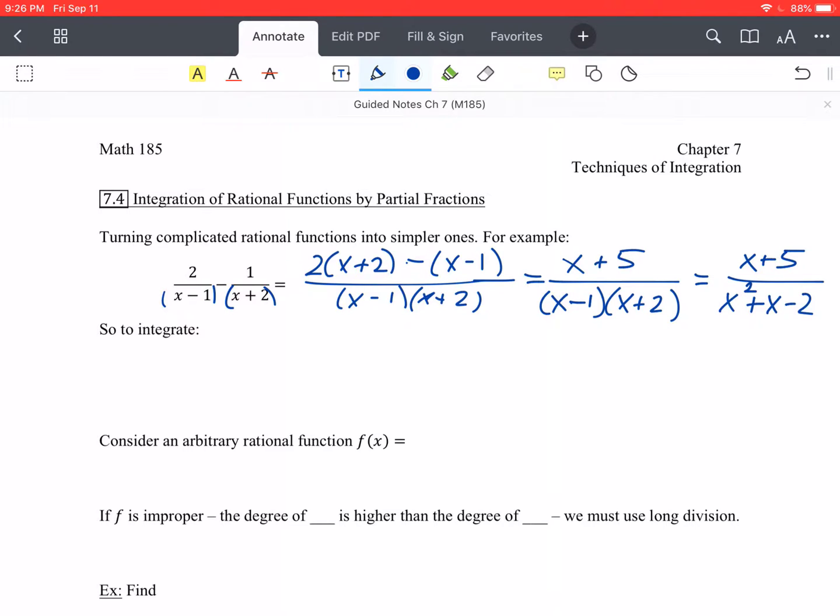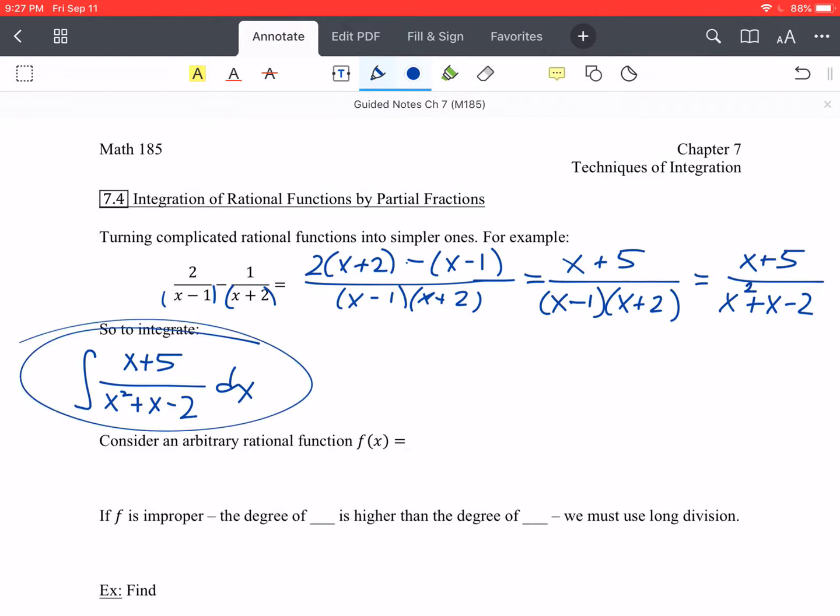Okay, and the purpose of doing this is more just for the exercise, because if we wanted to integrate the function x plus 5 over x squared plus x minus 2 dx, integrating this as is would not be an easy task.